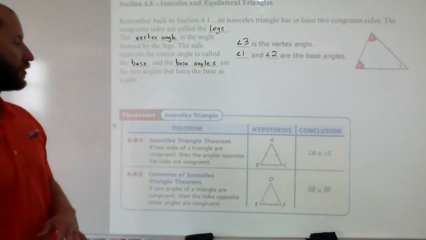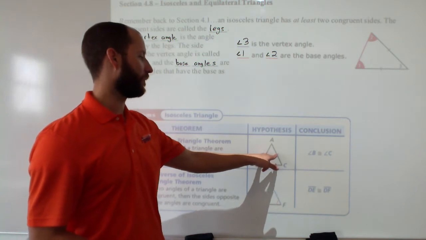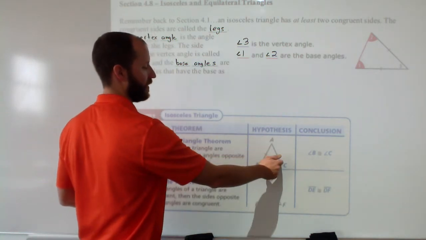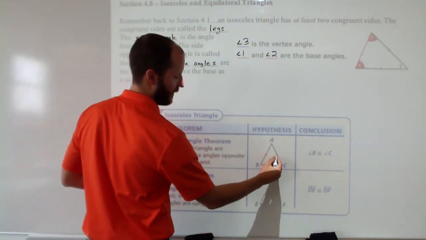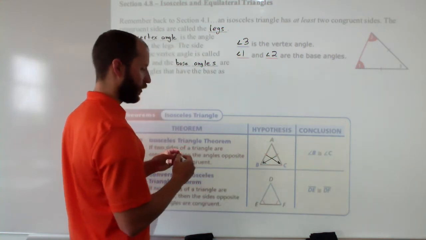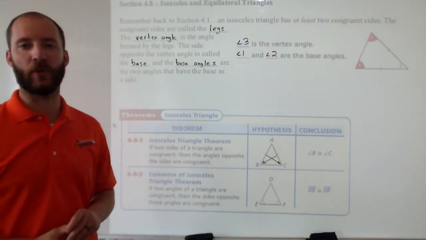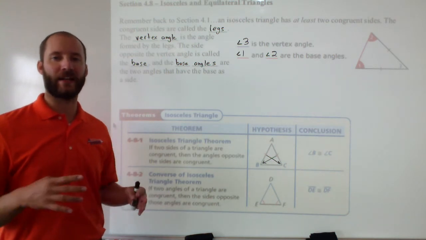So the isosceles triangle theorem says that if two sides of a triangle are congruent, so AB and AC, then the angles opposite those sides are also congruent. And that has to do with how triangles' sides and angles relate to each other.